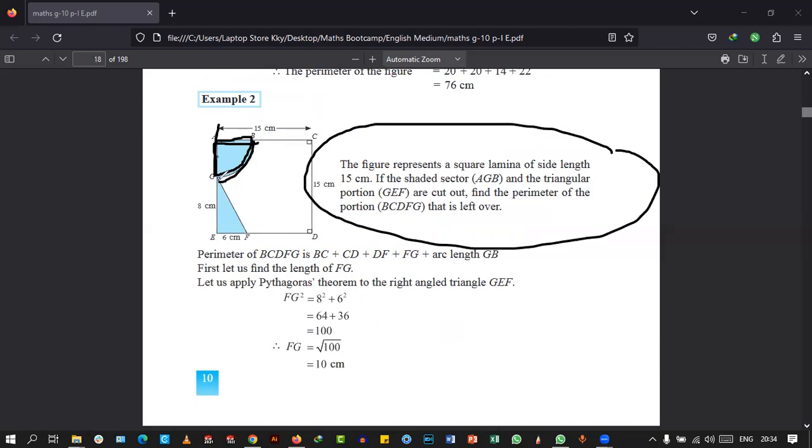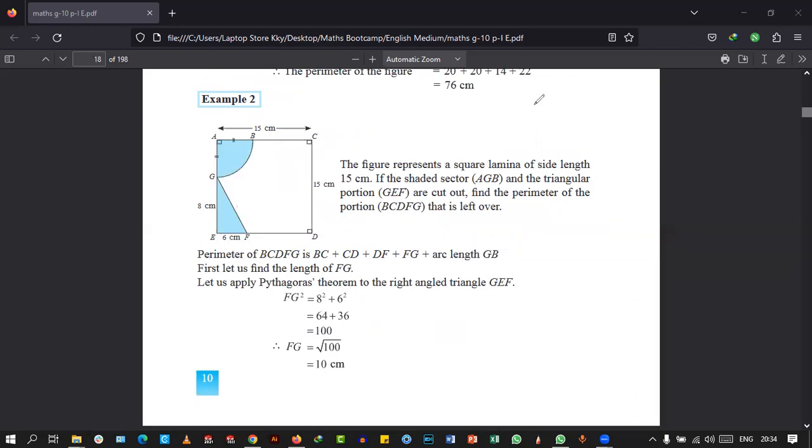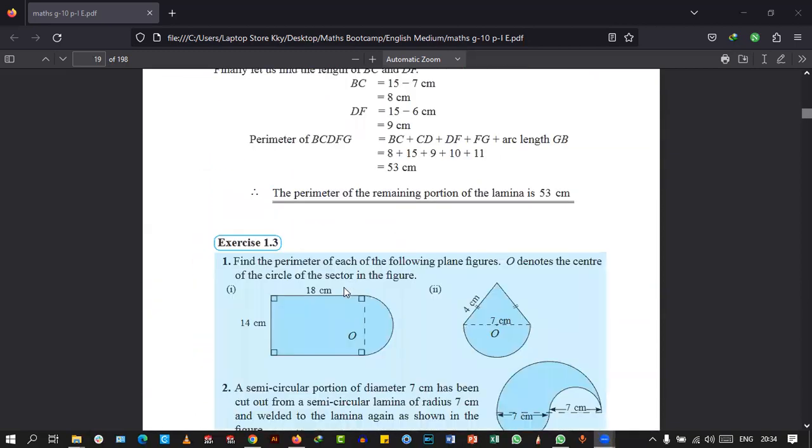And if we need to add a length like this, it will be simple. But they might ask different questions, like what is the perimeter of this empty space. You need to be careful and read the question carefully, right?